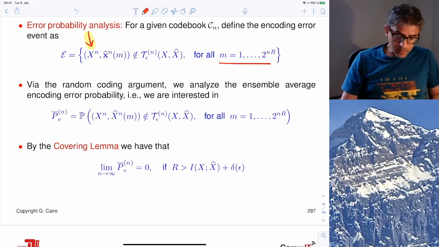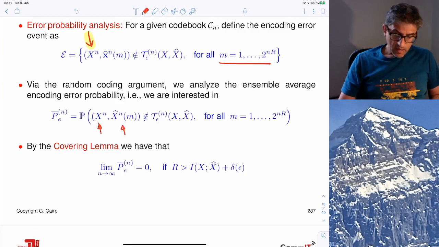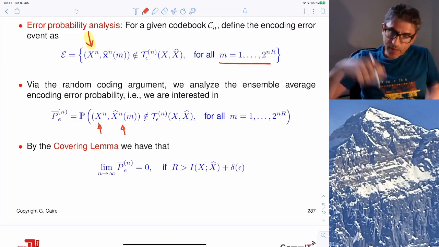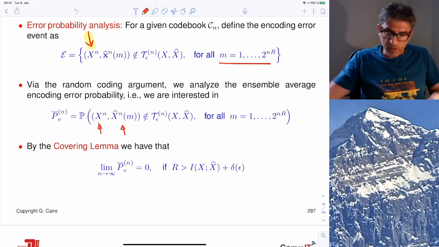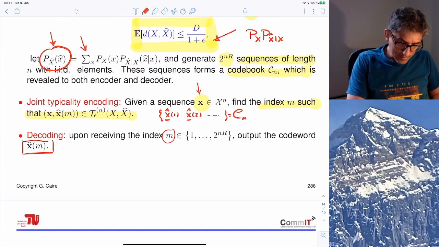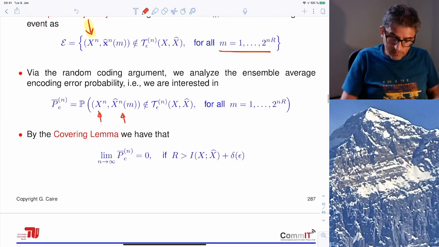And this means considering the probability that a randomly generated source sequence is not jointly typical with other sequences generated with the marginal distribution of x hat but independent of x, because the codes are generated independently of the specific x generated by the source. They have the correct marginal distribution p(x hat), but they are independent because they are generated beforehand.